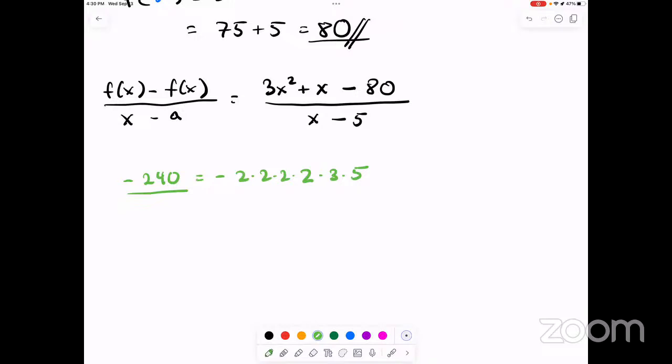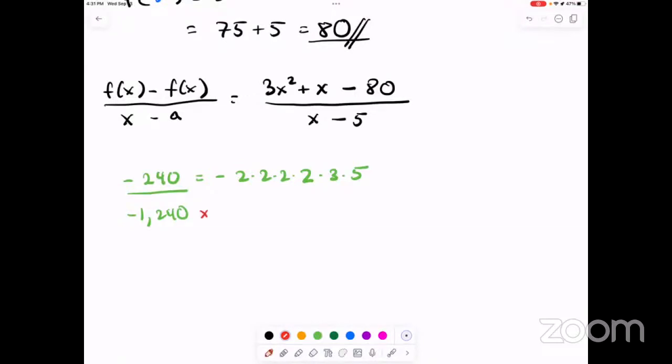I don't even think we really need to go through all of it. But suppose I didn't know it was 15 and 16. All right. So we can just go in order. First, we start with the combo -1 and 240. Do these add up to give us 1? No. So we're going to go to the next set.